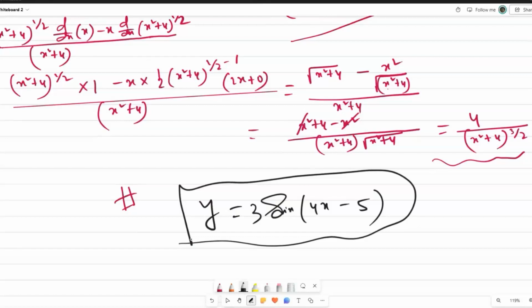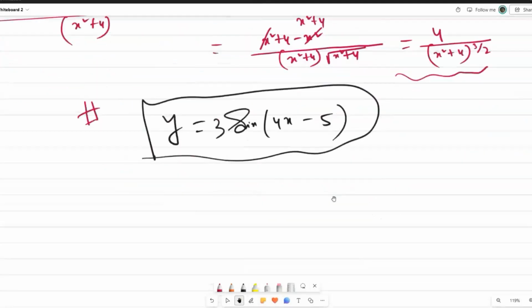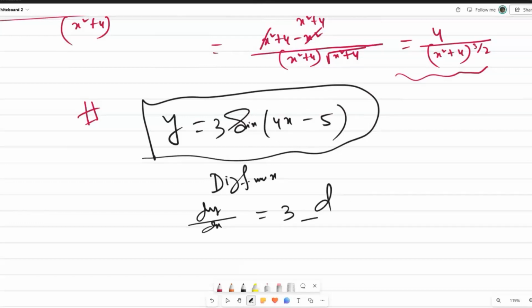That type, you have to find dy by dx for this. Simple, in the same manner we'll be doing. Like we write, differentiating with respect to x, dy by dx will be 3, 3 is constant, it is d dx of this thing.